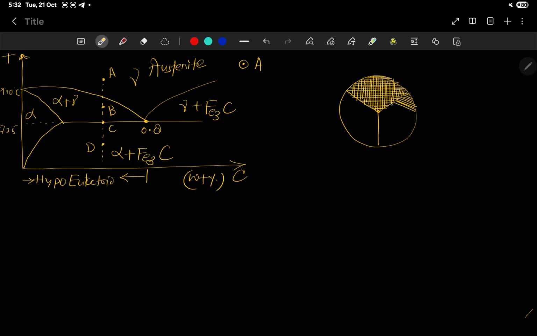These are grains. Their orientation is different in different regions. This is gamma austenite. So this is grain boundary. I'm just making this dark.